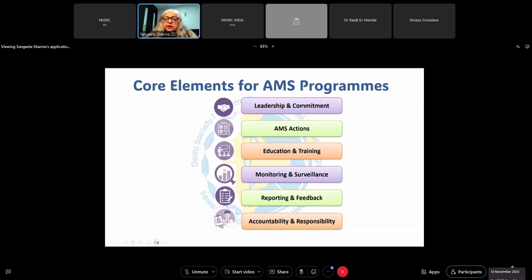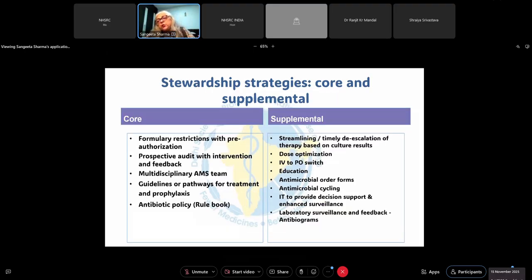So we need leadership and commitment here. There are certain AMS actions which are required, and for this, education and training, and monitoring and surveillance are also required. That is why this session topic has been chosen today, to apprise you all about this problem, because each one of us is accountable and responsible.